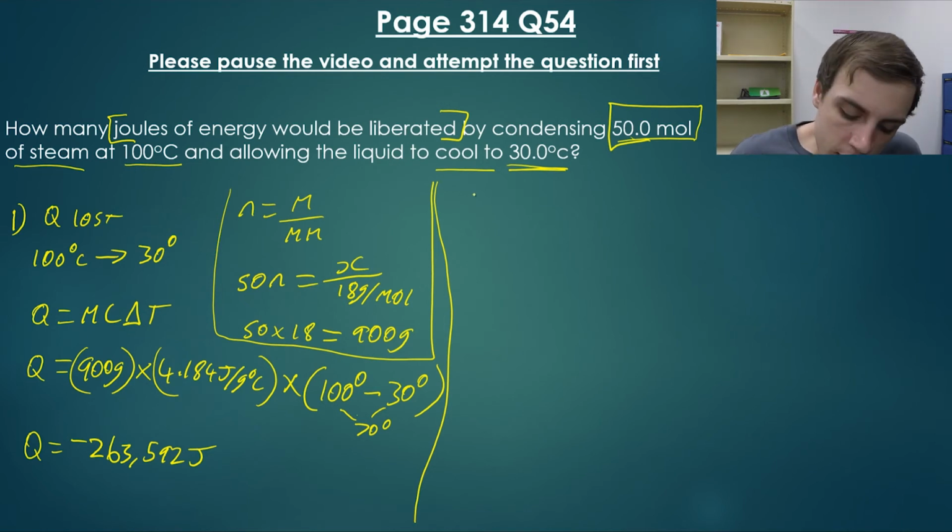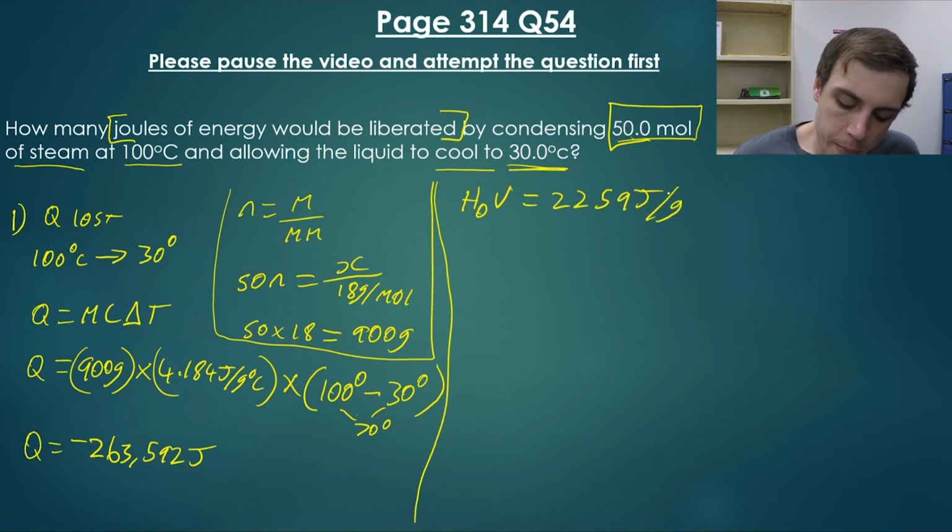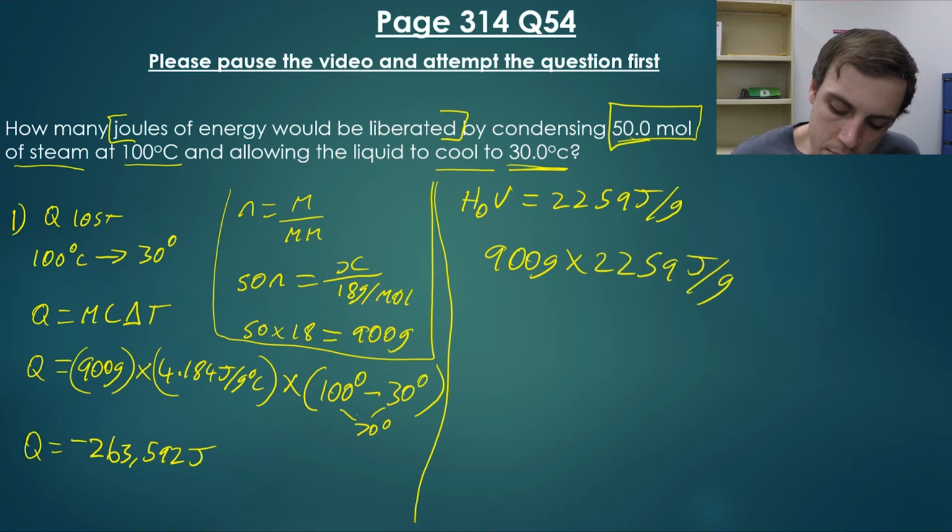So remembering that the heat of vaporization is 2,259 joules per gram, and we know that we have 900 grams of water, we have 900 grams multiplied by 2,259 joules per gram, which means the overall heat released by condensing the steam back to a liquid state.